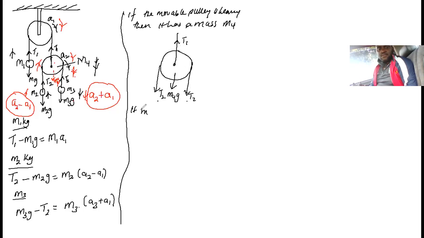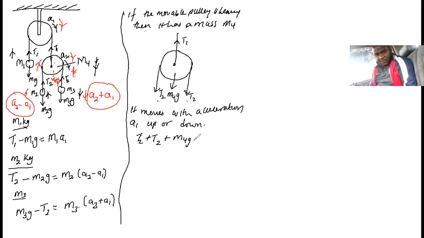It moves with acceleration A1, up or down. So because it is moving down, T2 and another T2 plus its weight, they are the forces that take it down and they overcome T1 to realize M4 times the acceleration it moves with, which is for the fixed pulley, A1.